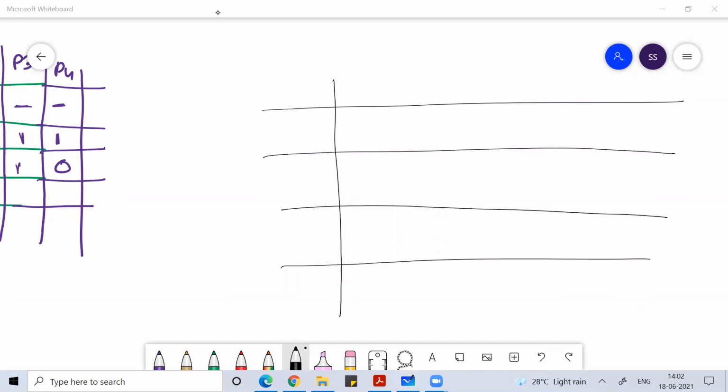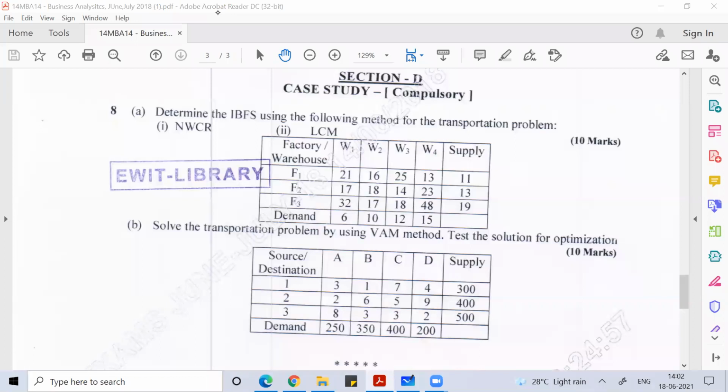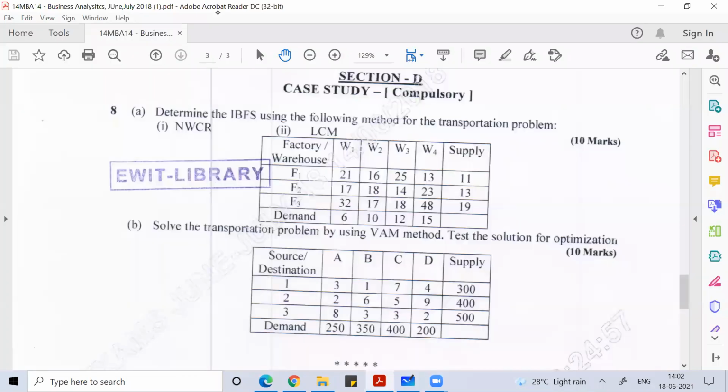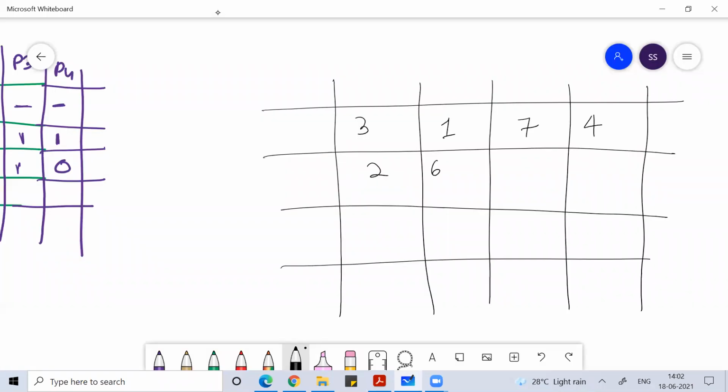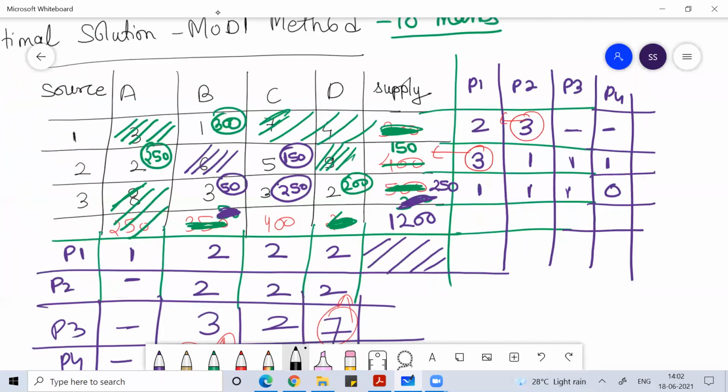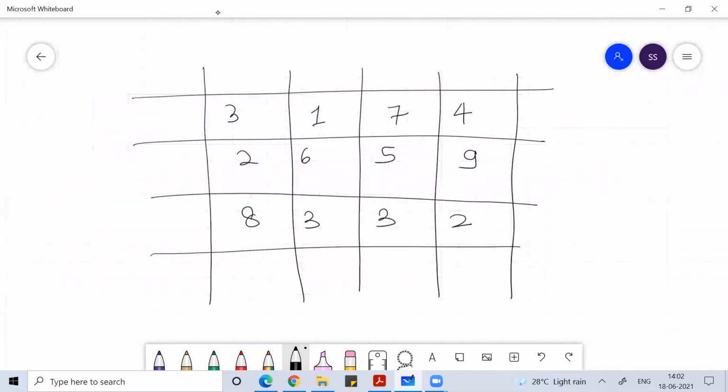The solution we get: you can see this is 3174, 2659, then 8332. If I see the solution, guys, first row only 300 is allocated.